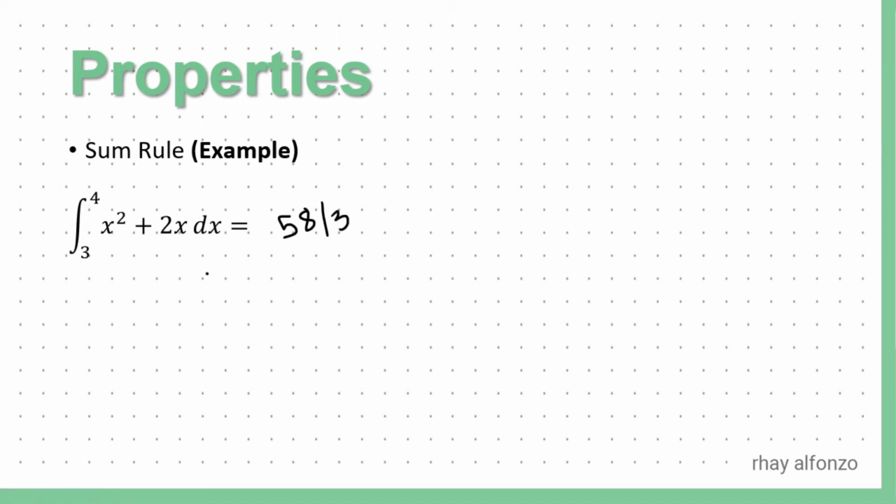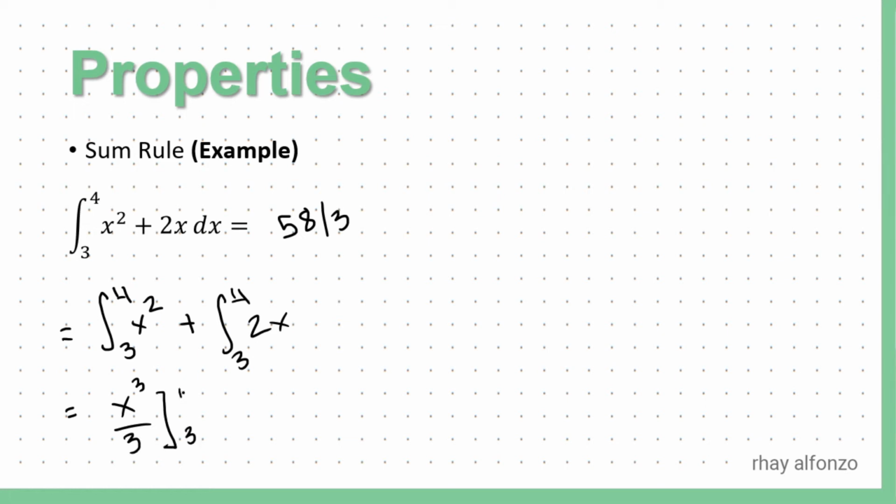So let's rewrite that and integrate separately. So we have the integral of x squared from 3 to 4 plus the integral of 2x from 3 to 4. So this gives us x cubed over 3 from 3 to 4 plus x squared from 3 to 4 as well.